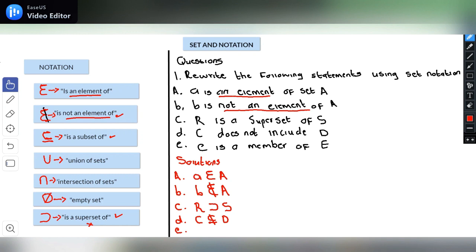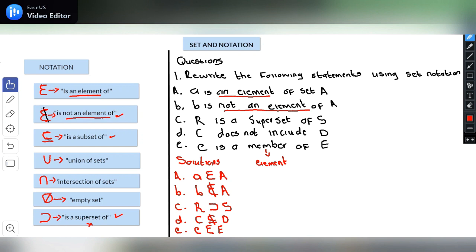So meaning we're going to have e, therefore an element of E. That's how we're going to write it. Remember, I said it can either be called a member or what? Element. So whenever they say it's an element of or it's a member of, just know that it's one thing. So don't get confused.